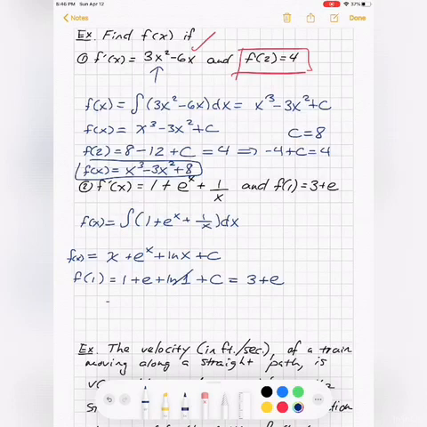Okay, so then I have 1 plus e plus c. It's 3 plus e. I guess these cancel. Looks like c is 2.